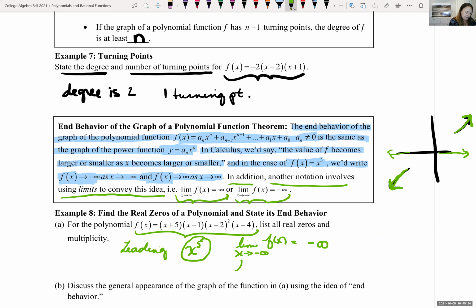If I look at the limit as x approaches positive infinity of f of x, if I plug in positive numbers into x to the 5th, it's going to be positive. It's just going to get larger and larger. So this is going to positive infinity. My zeros: well, set each factor equal to 0 and solve for x. So x plus 5 is 0 and x is negative 5.